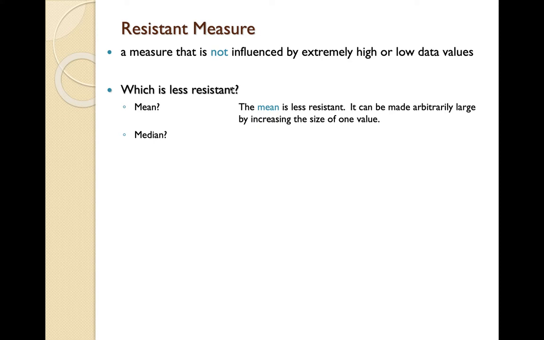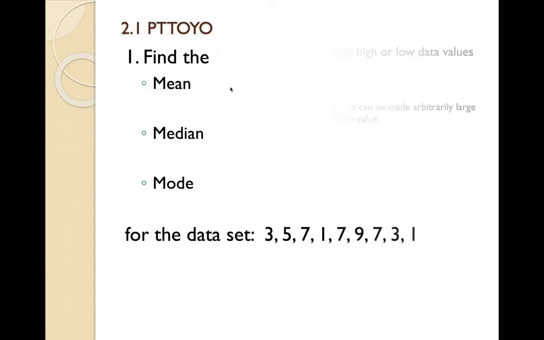The mean is the less resistant of our two options that we frequently use for center. It can be made arbitrarily large by increasing the size of one value. It can also be made arbitrarily small by decreasing the size of one value. That's why making a 0 when your grades are going to be averaged is so devastating to your average.